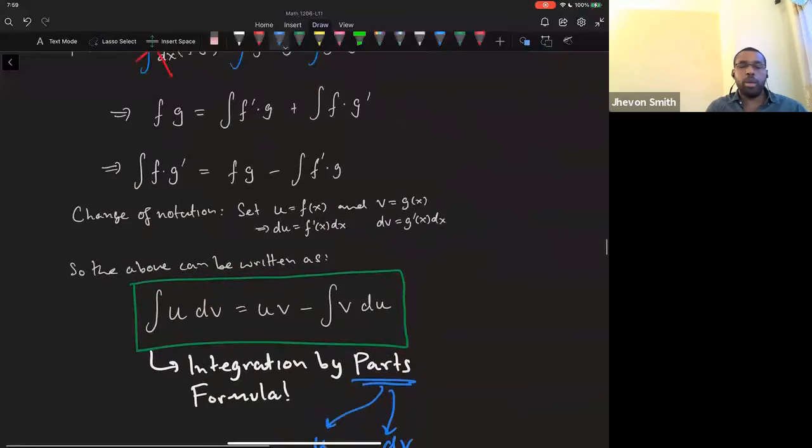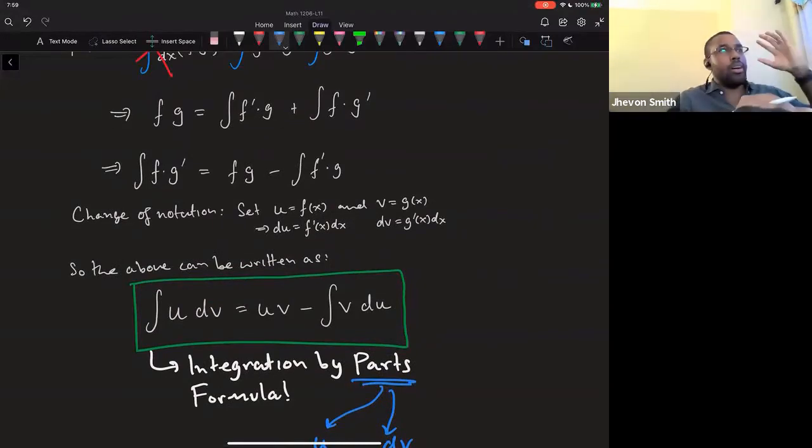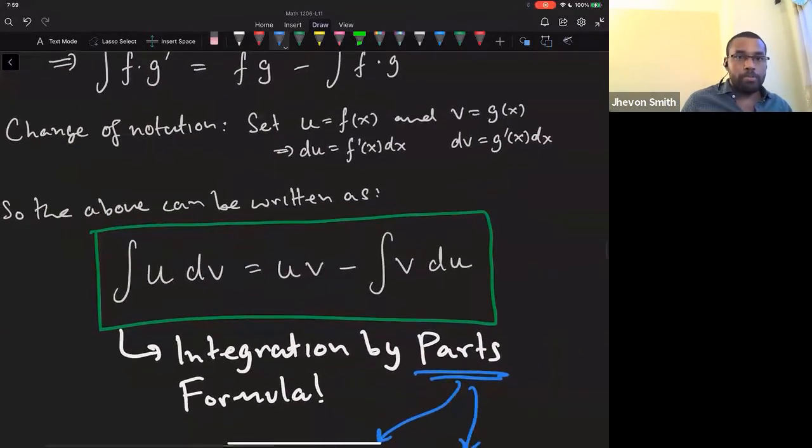So it's called integration by parts because you're thinking of this as two functions, two parts, an f and a g prime. You're going to choose the f to be a u. You're going to choose the g prime to be the dv. So you're choosing these parts, and you have this integral formula.